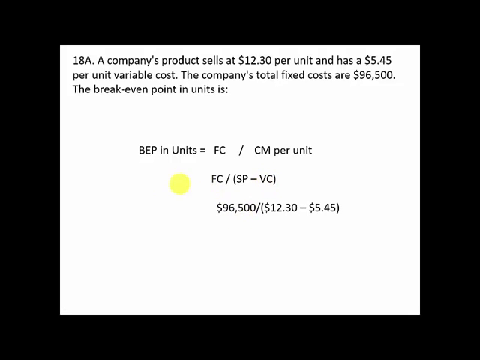So we have fixed cost equals $96,500 divided by the sum of $12.30 selling price minus $5.45 variable cost per unit, which is $6.85, and you divide that into the fixed cost. To the nearest whole unit, you need 14,088 units to break even.